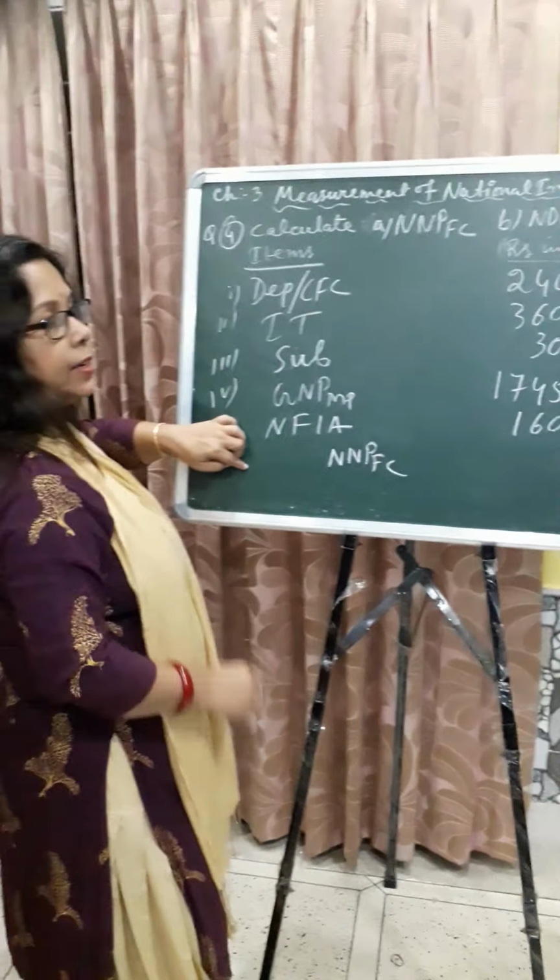Gross to net: minus depreciation. National to national: same. MP to FC: minus NIT. This is the structure. So now calculate.